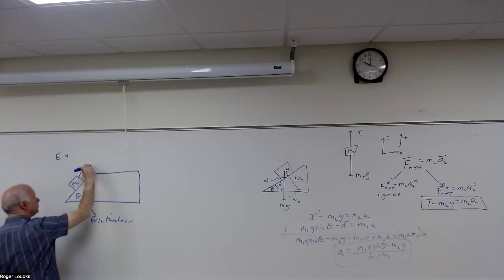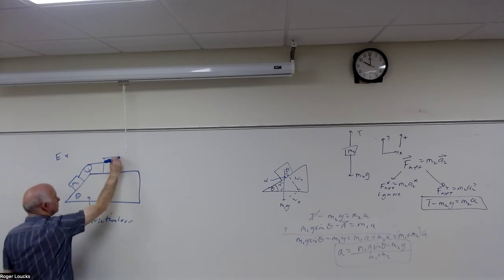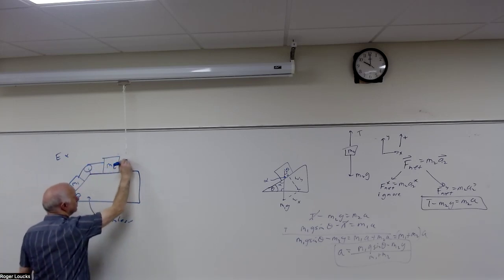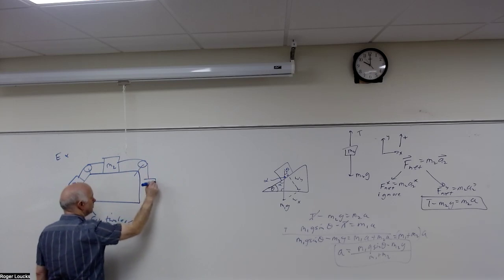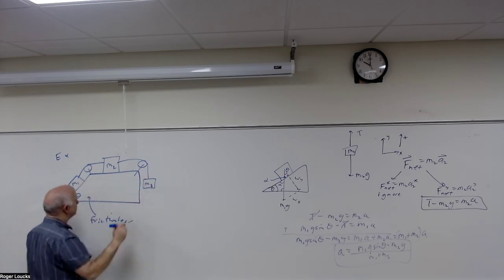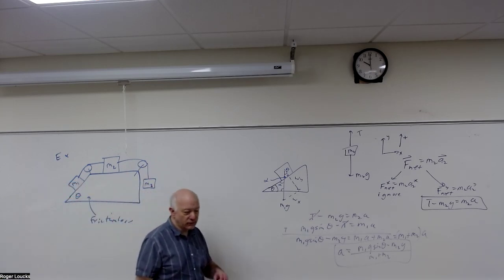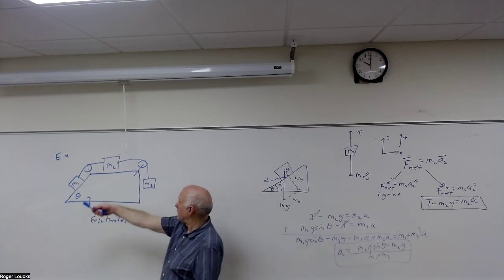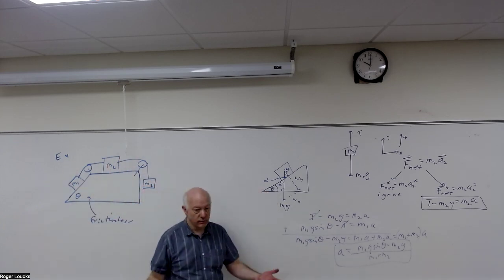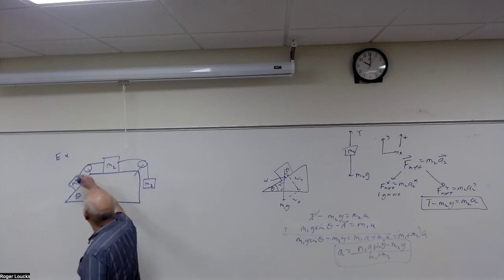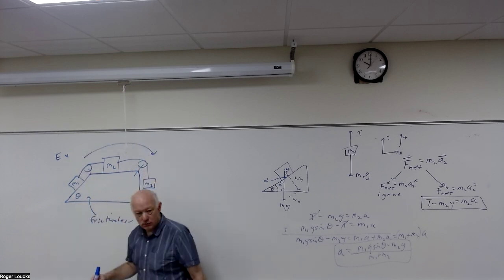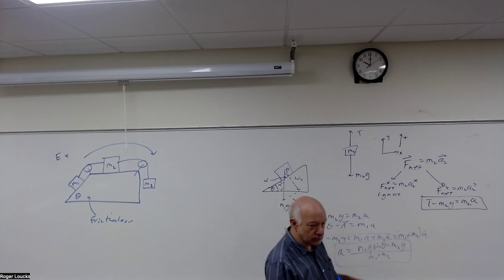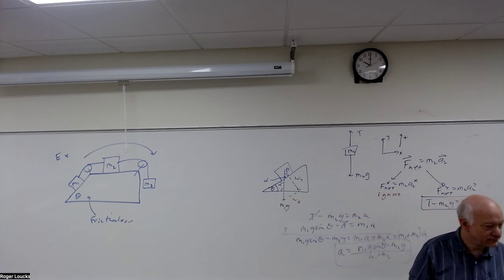M1 here, pulley, M2 here, pulley, M3 here. Which way do you want that system to move? Like this or like that? I don't care. Now let's do this way because we did down. Now we go this way. System's moving like that. Why? Because I made an executive decision.